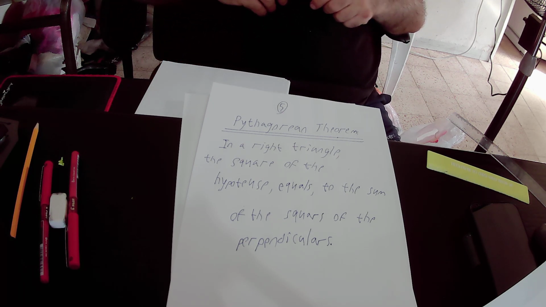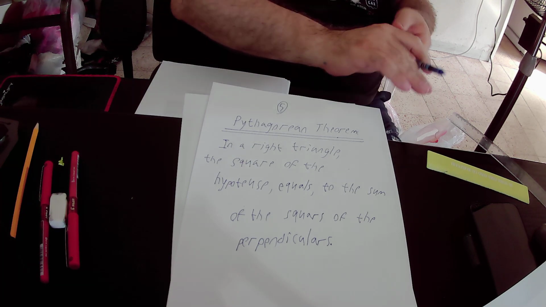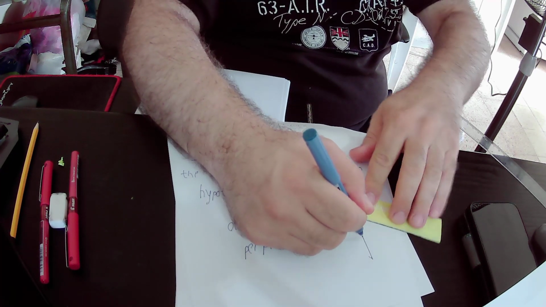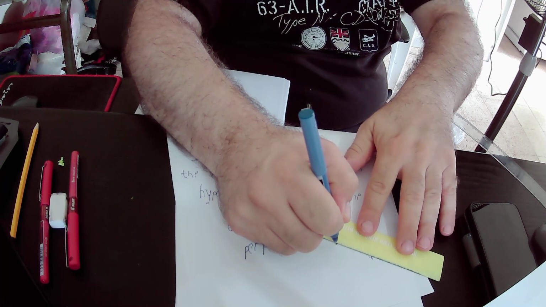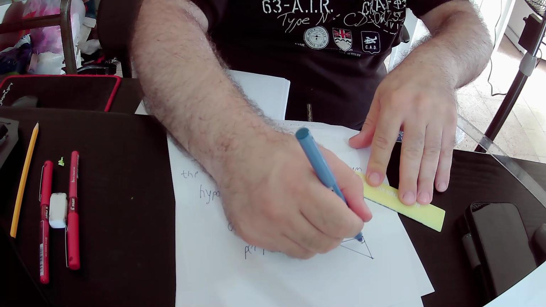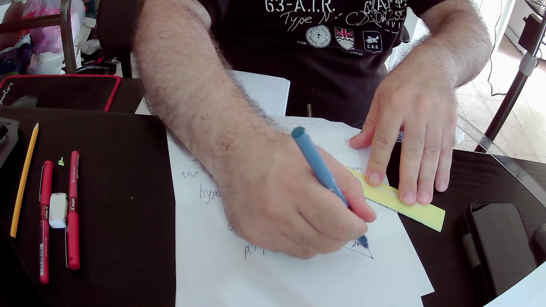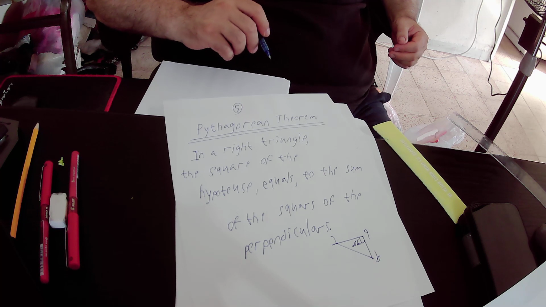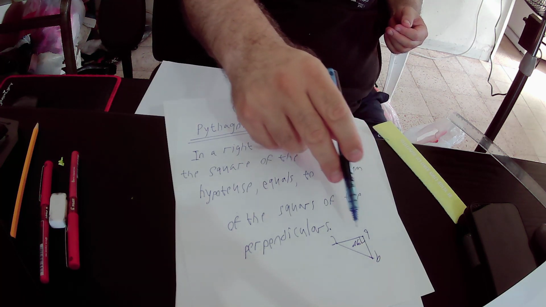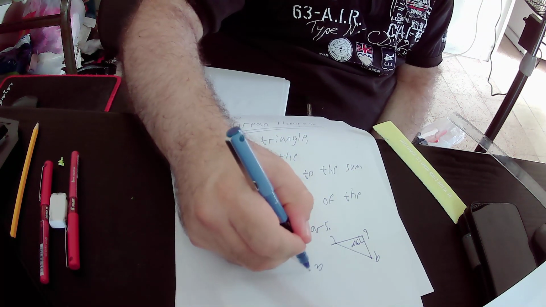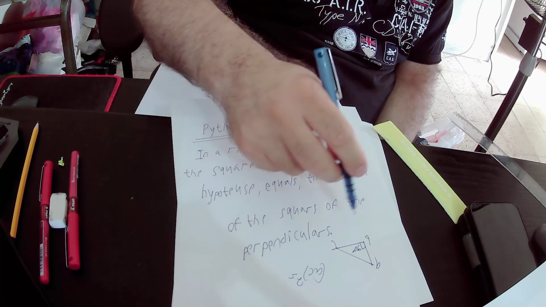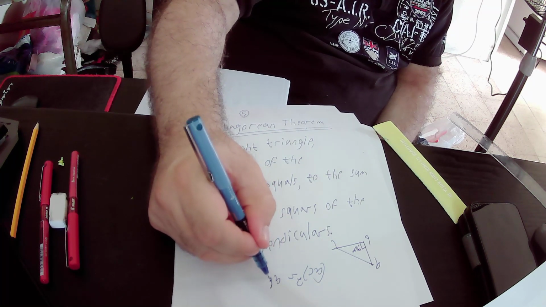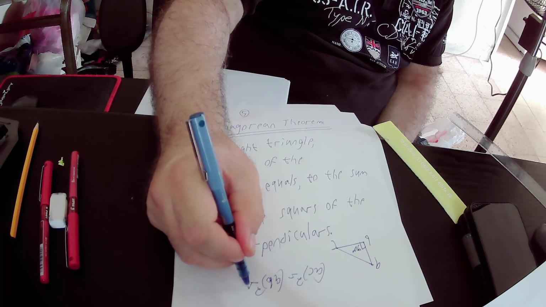So actually, if we have right triangle A, B, C, the Pythagorean theorem states that the square of the hypotenuse, that is to say AC square, equals the sum of the squares of the perpendiculars, that is to say equals AB square plus BC square.